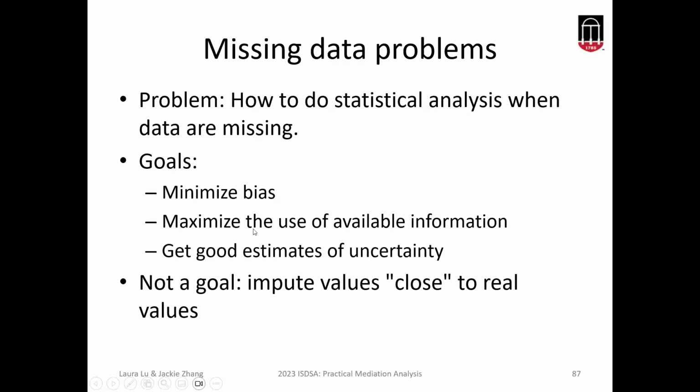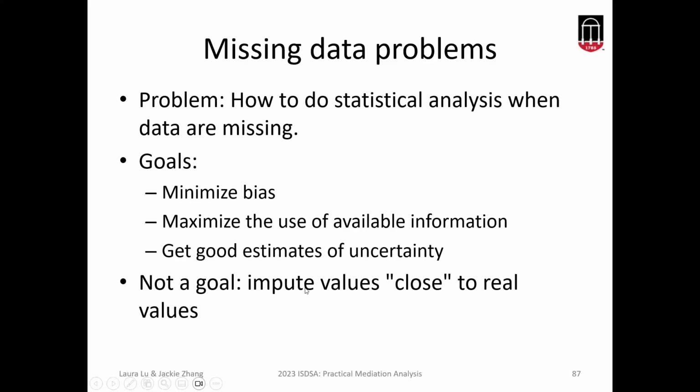We're trying to maximize the use of the available information. And we also want to get good estimates of uncertainty, because when a value is missing, there's uncertainty about that value. So we're trying to minimize bias, maximize the use of available information, and get a good estimate of the uncertainty of that variable.